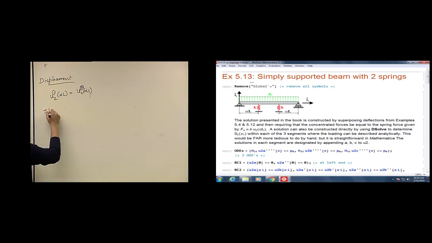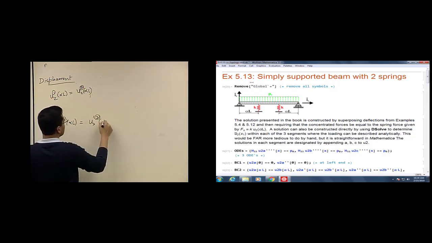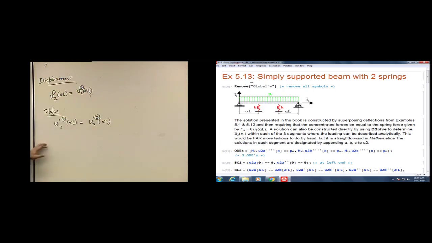Then let's talk about slope. It should be continuous, right? There is no restriction on slope. So we don't have a boundary, but we have continuity.